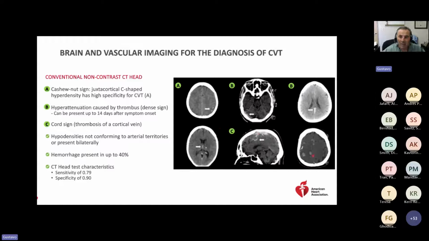And of course, you can see the cashew sign here in the last one that I highlighted, and also some intracerebral hemorrhage. For the CT scan, the sensitivity is 0.79 and the specificity is 0.9, so not bad. But again, there are more sophisticated techniques that we could do.